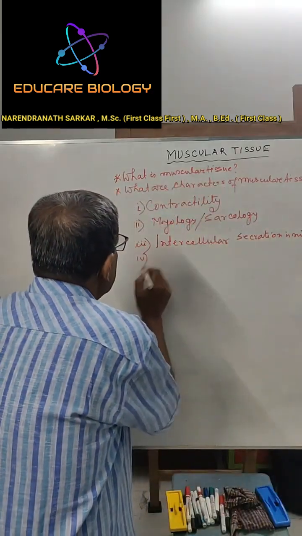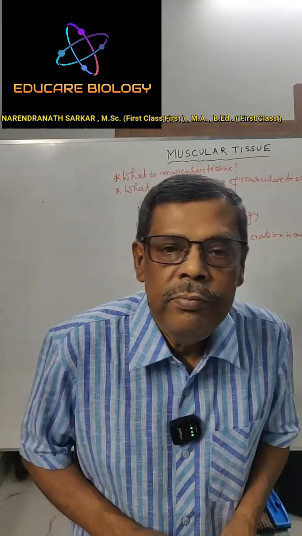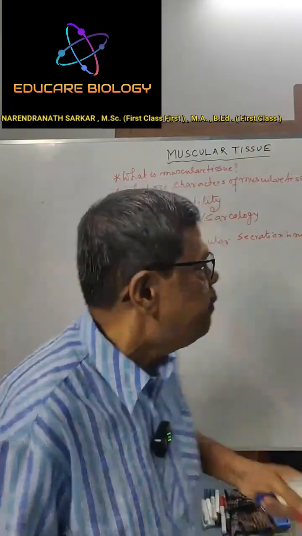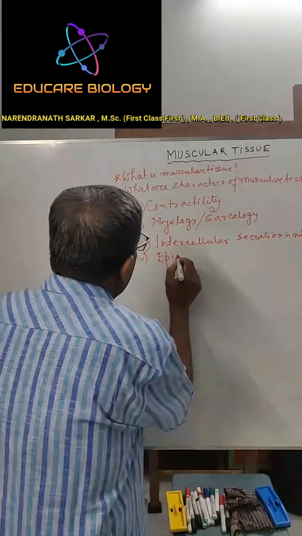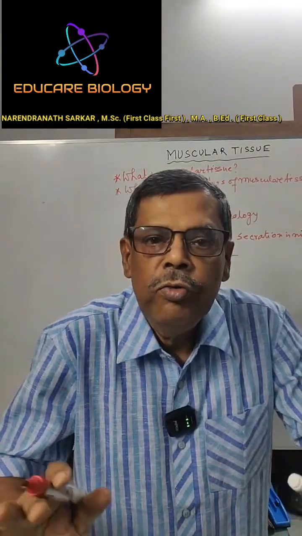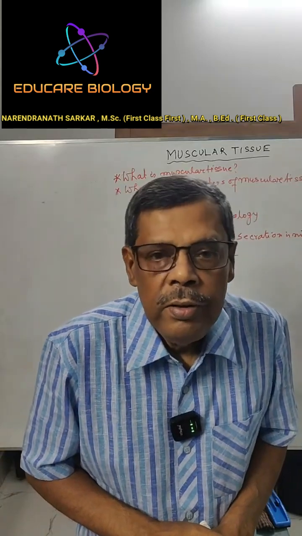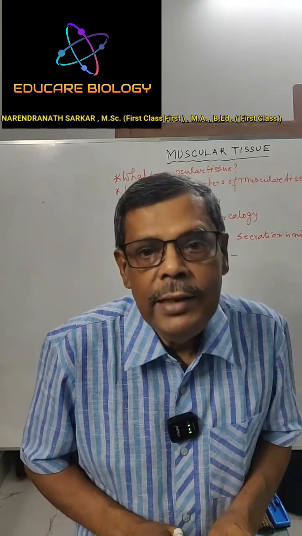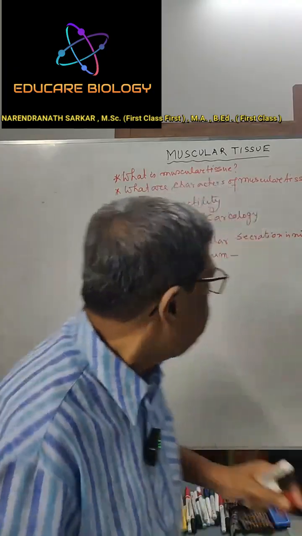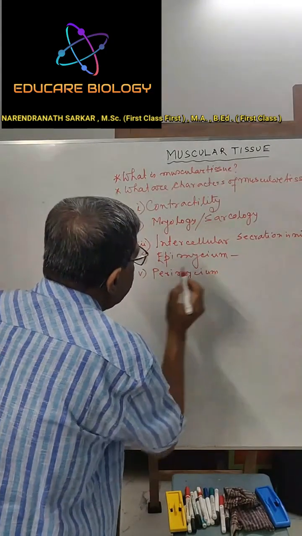Next, number four. This tissue is covered by connective tissue, which is called epimysium. The whole tissue is covered by epimysium. Bundles of fibers are covered by a connective tissue called perimysium.